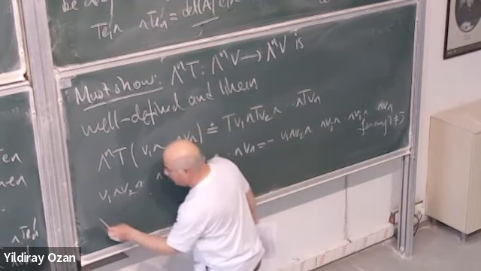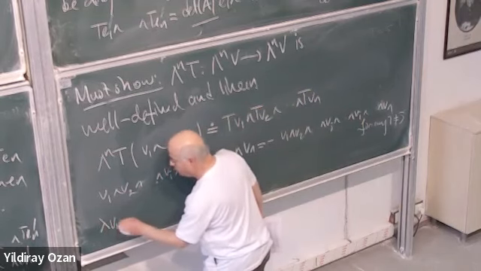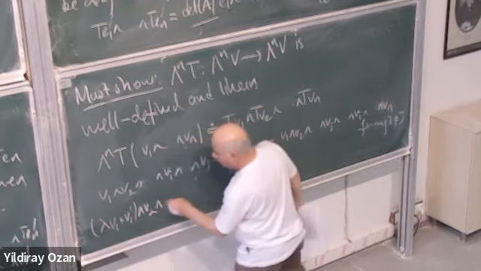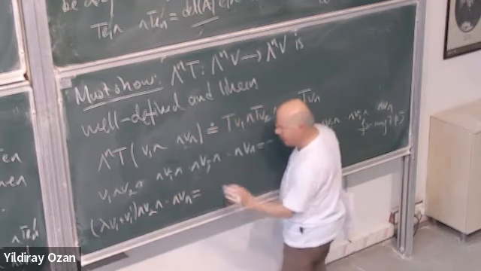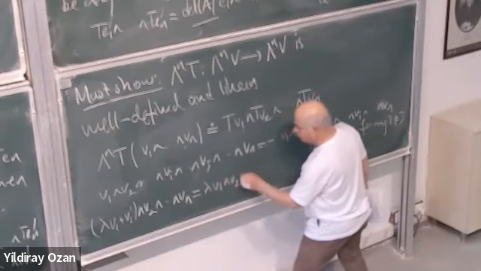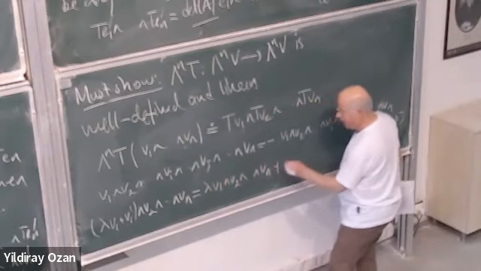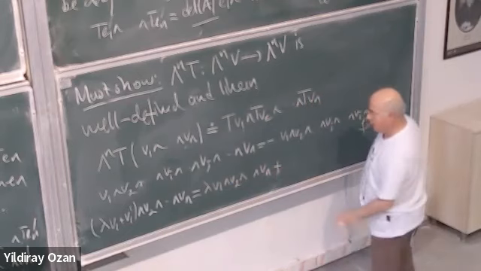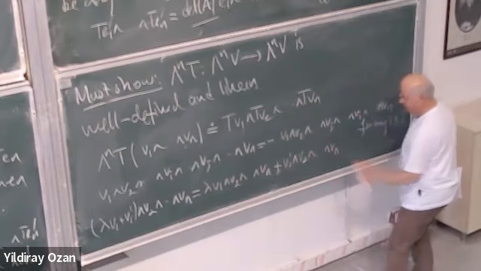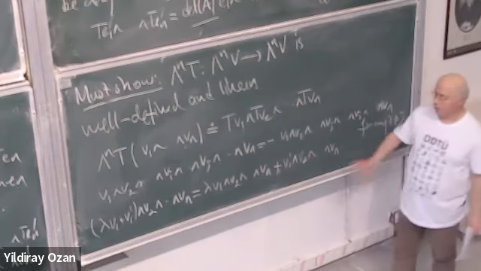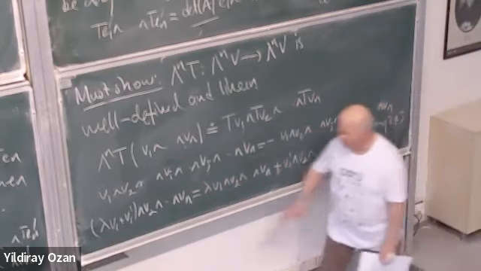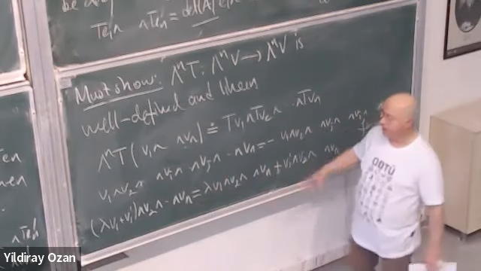So we mean this. Lambda V1 plus V1 prime, wedge V2, wedge Vn is the same as lambda times V1, wedge V2, wedge Vn plus V1 prime, V2, wedge Vn. Right? So these two elements are the same, and these two elements are the same.